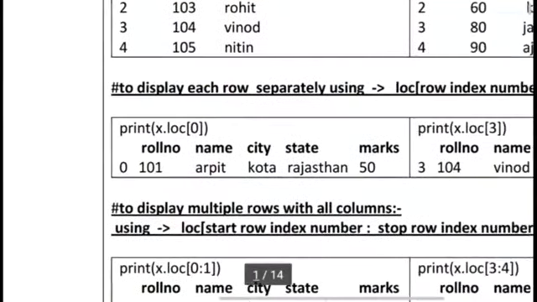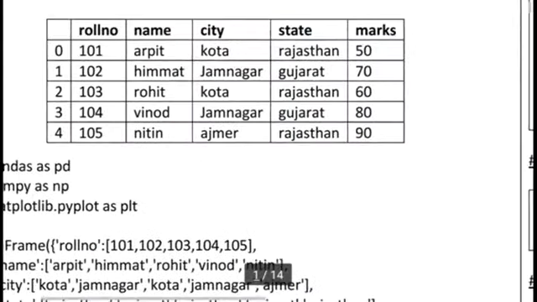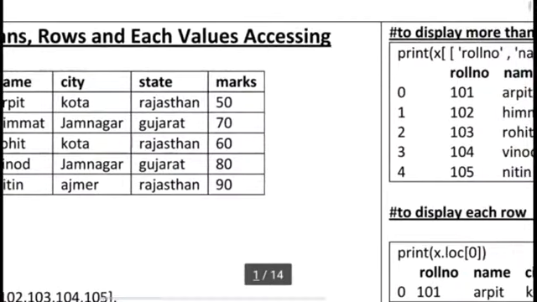So here you can see I am using x. X is our data frame variable, and dot loc. Here the dot is important, loc is also important, and in square brackets we pass which index value I want to display. Here I am passing 0. So we get the 0th row, 101 Arpit, Kota, Rajasthan, 50.